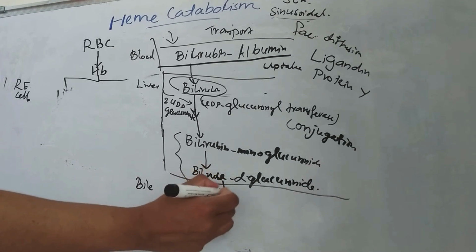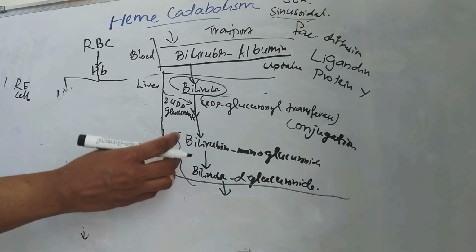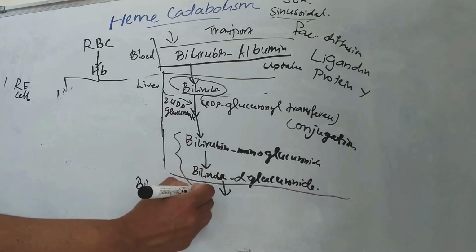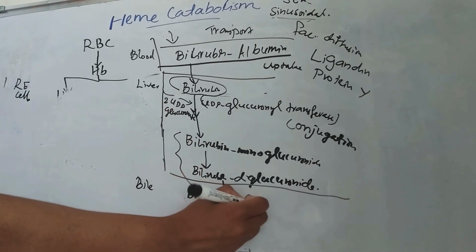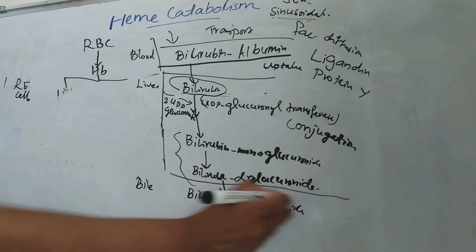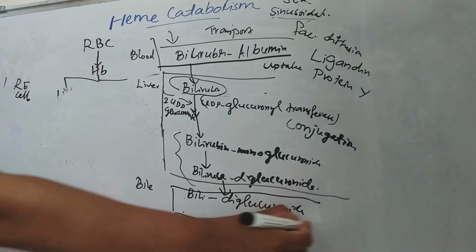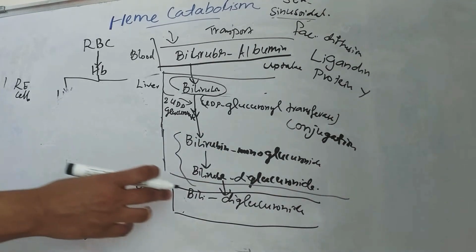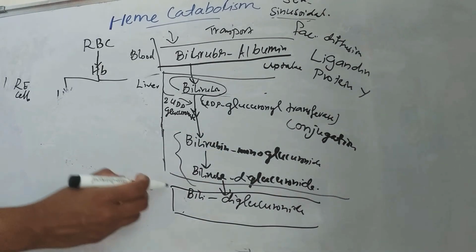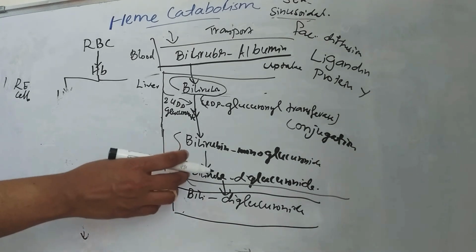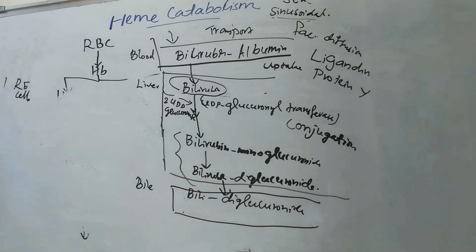This is the rate limiting step in the bilirubin metabolism, that is the secretion of this conjugated bilirubin into the bile by active transport mechanism.